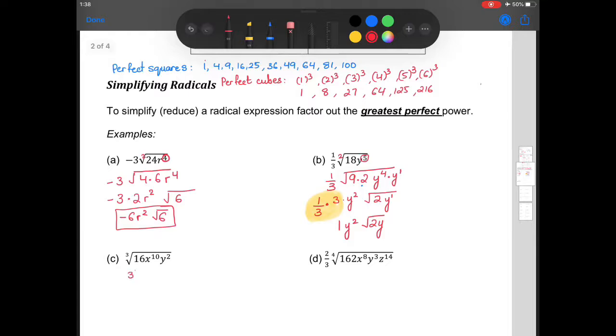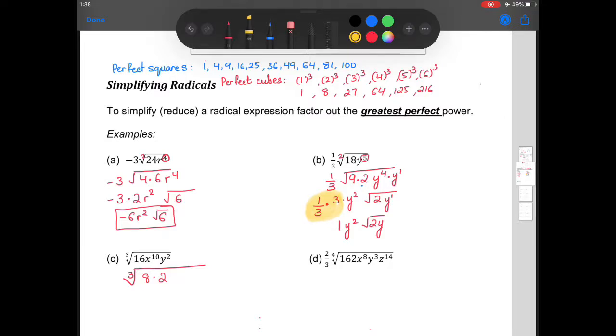So I'm going to rewrite this as cube root. I would say when you're writing the root, please make it smaller than the other number so it's easier for you to identify. This would be 8 times 2, right? Now to look at the power of the variable, it must be a multiple of the root or the index.